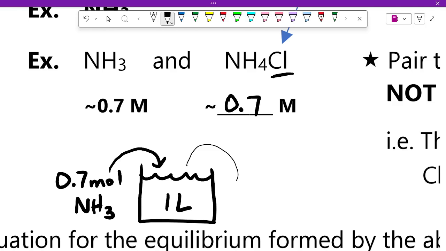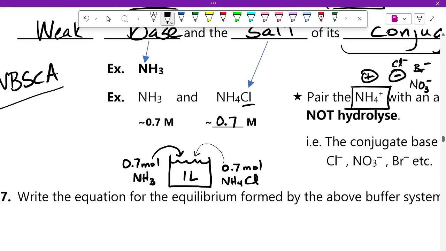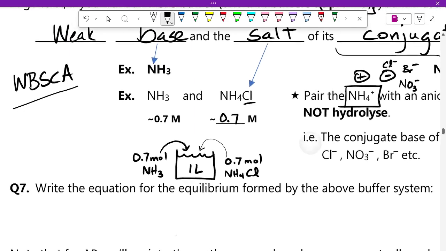And separately, you would dump in 0.7 moles of NH4Cl, and that would give you the buffer. Buffer is made of both. B for buffer, B for both. I will not do that again. Once was enough. You missed it yesterday.